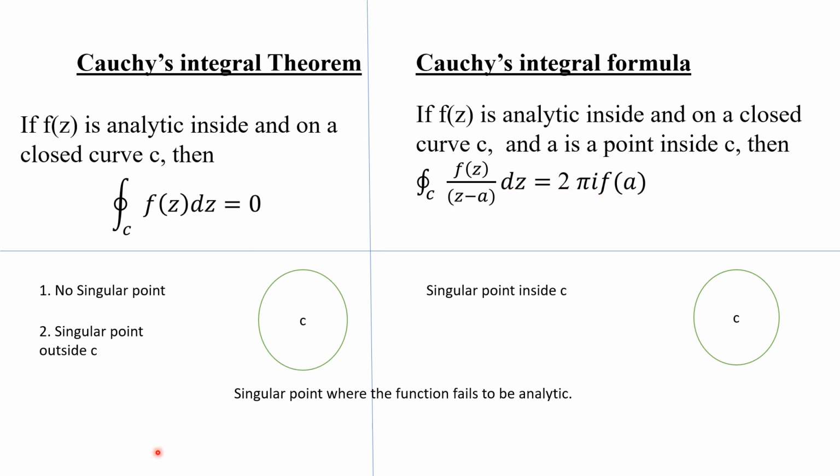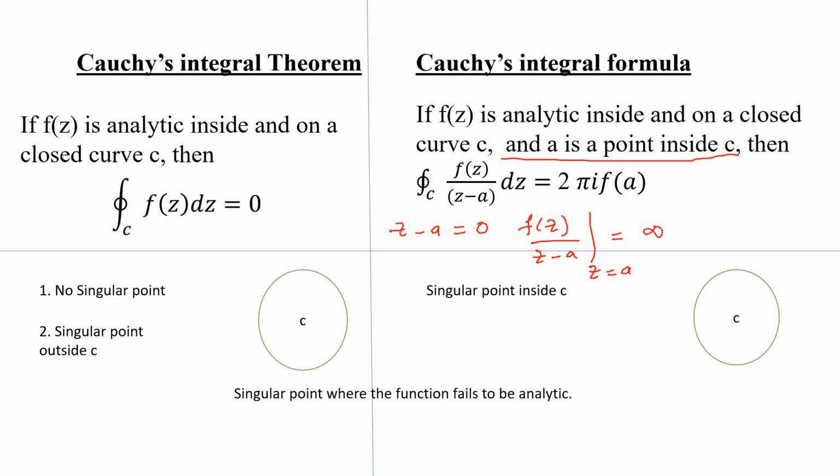So the difference between Cauchy's integral theorem and Cauchy's integral formula is this condition: a is a point inside C. This point a is called the singular point. Why? Because if z minus a, the denominator, becomes 0, then this integrand f of z upon z minus a becomes infinity at z is equal to a.